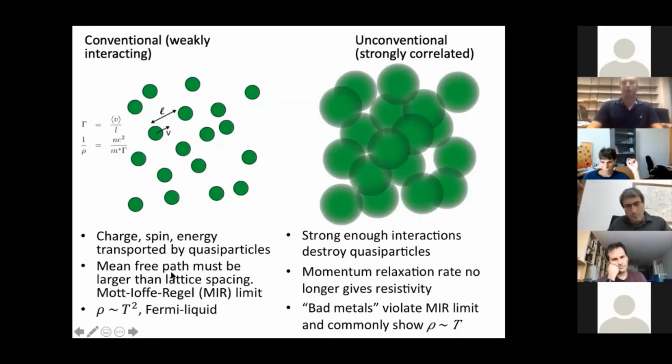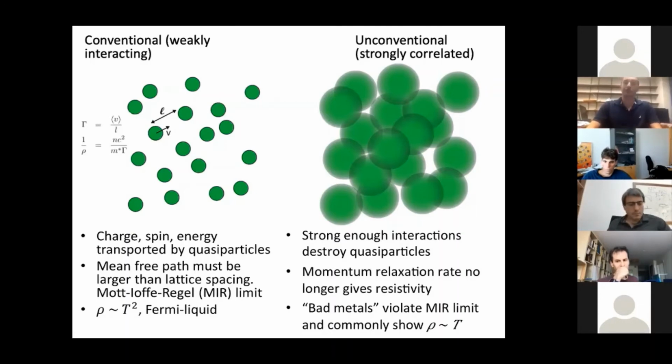There's another prediction that one can make for these quasi-particle systems. By combining Fermi liquid theory with Boltzmann theory, you can predict how the resistivity behaves at low temperatures. In a solid state system, the resistivity can come from various sources: disorder, phonons, or interactions between the electrons.